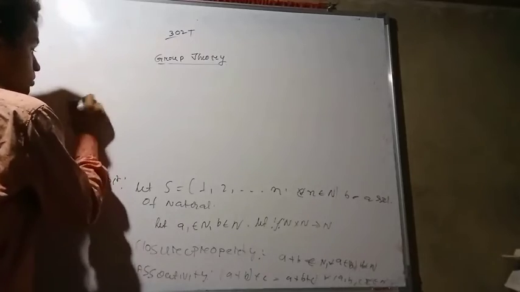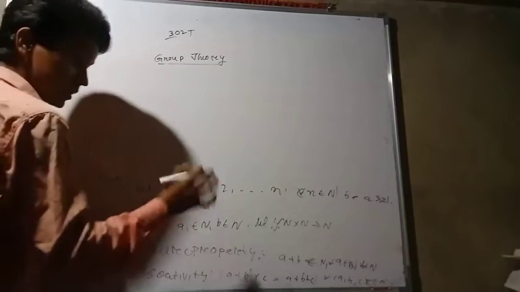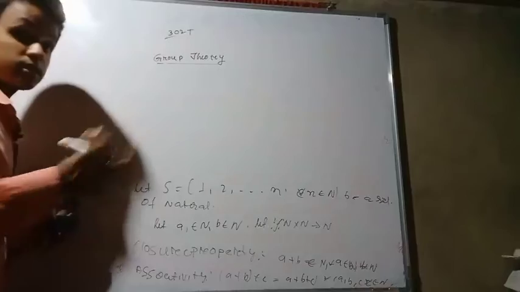Next we proceed to the existence of additive identity. Here I have written existence of identity. What kind of identity?